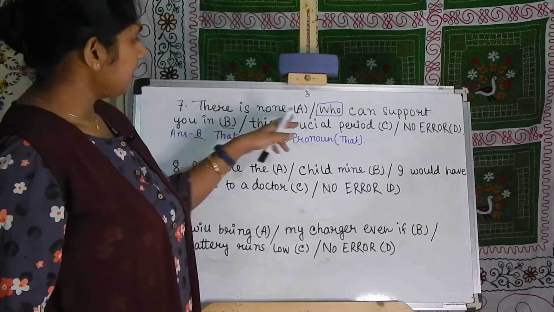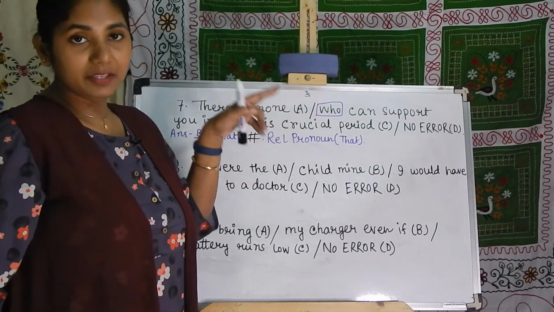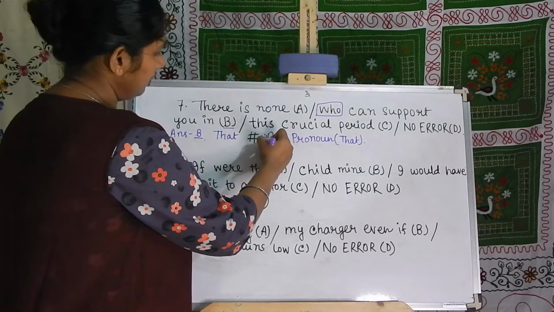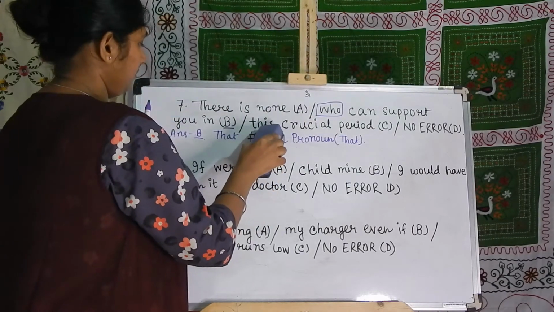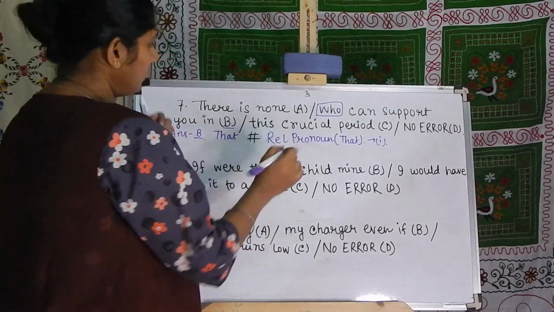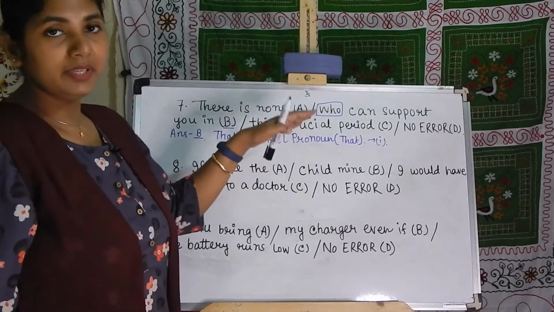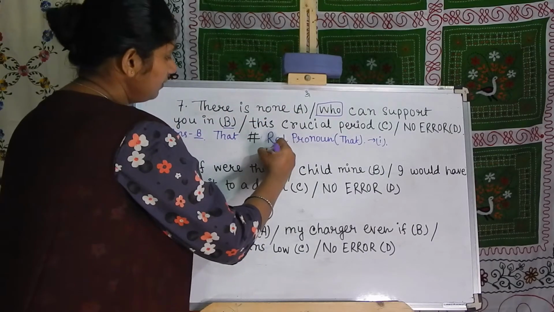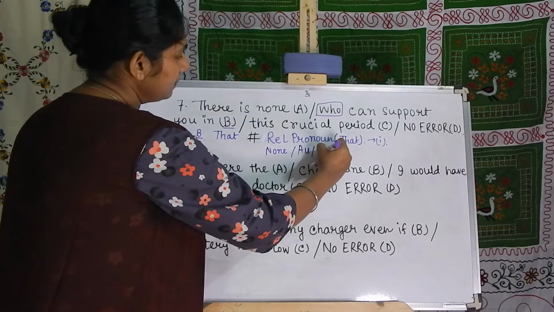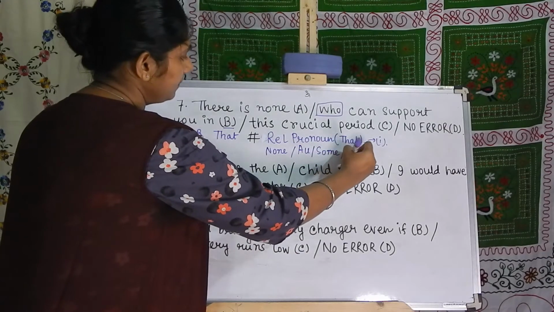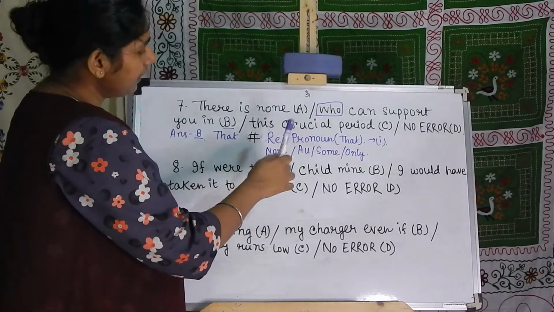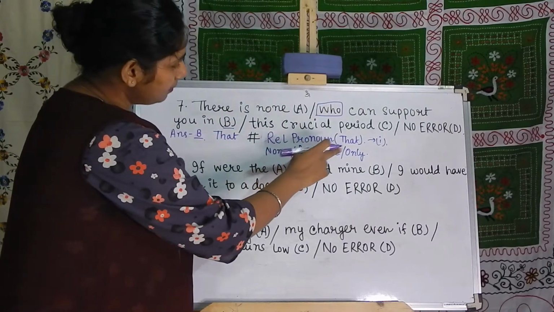Number 2, that is usually used after none, all, some, only.